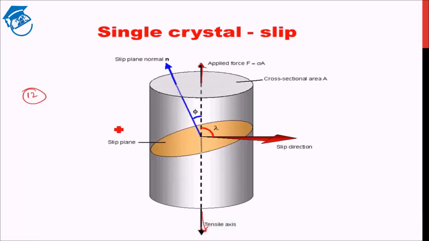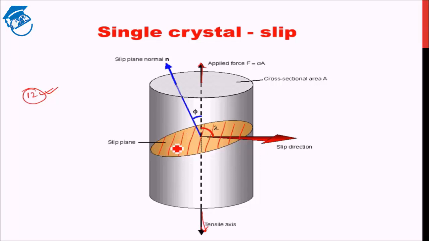Suppose we find the component of force along all the 12 slip systems. This force will have a component along all 12 slip systems, and suppose we find those components, and what we get is that this slip system has the most effective component along this direction.